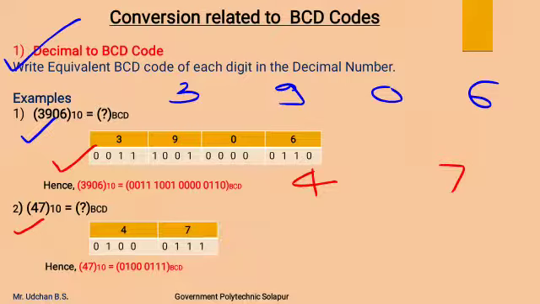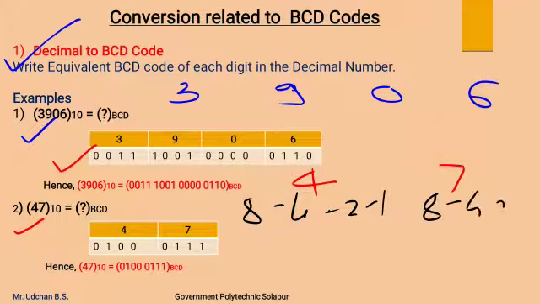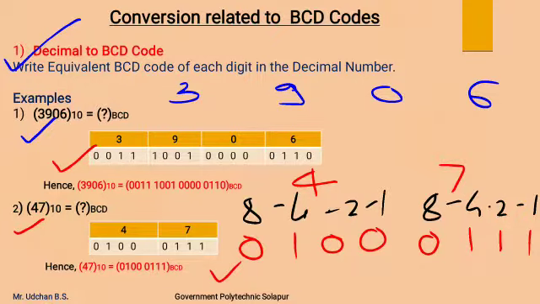Here we can consider the 8421 formula for each of the digits, that is 8421 for 4 and 8421 for 7. So for 4 the BCD code will be 0100, and for 7 the BCD code will be 0111. This is how we can get a BCD code for a given decimal number.